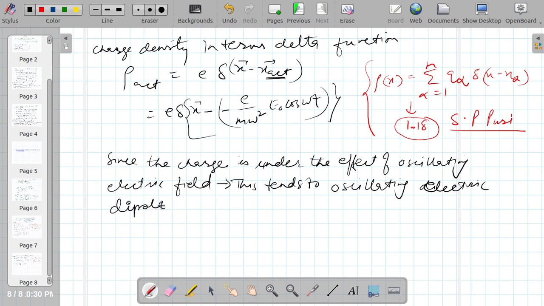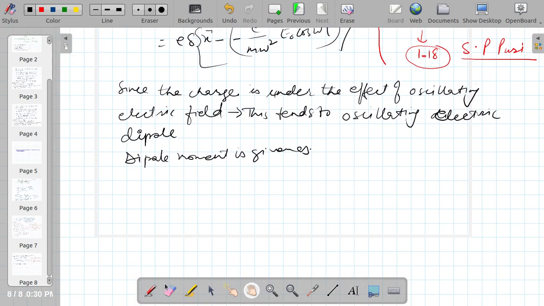So the dipole moment is given as P, it is equal to the integral of d cube x times rho. This is the definition of dipole moment in terms of charge density.